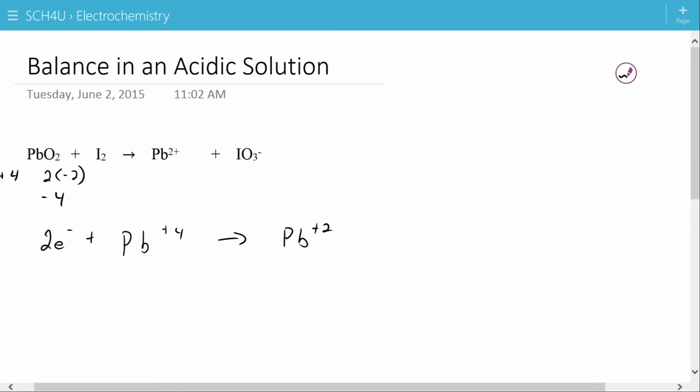Now looking at the iodine, anytime you see one as an element on its own, you know that that's going to have a changing oxidation number, because if it's an element and then it's in a compound later, then when it's in a compound it's very likely to have a non-zero oxidation number, so 0 to something.